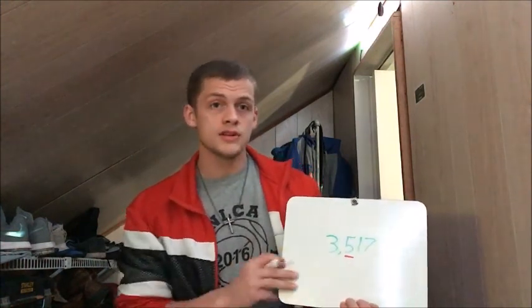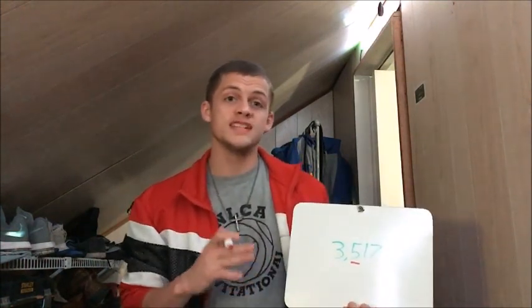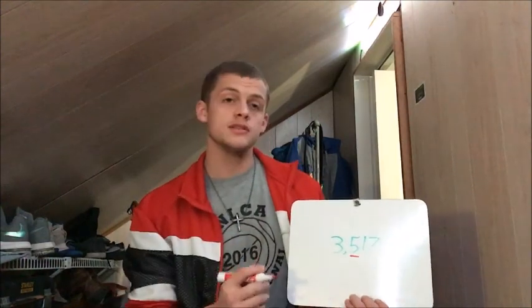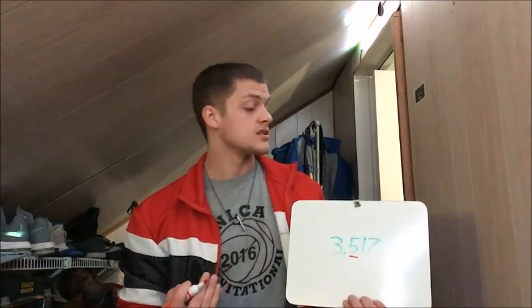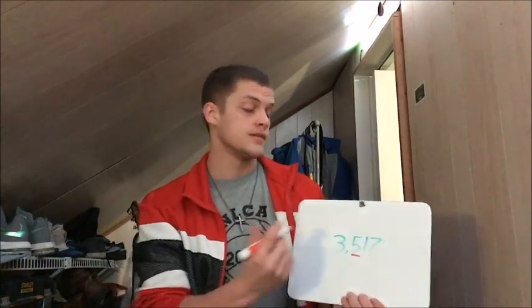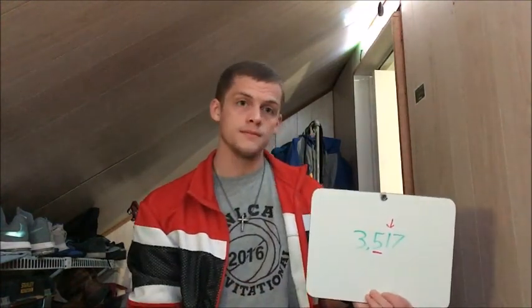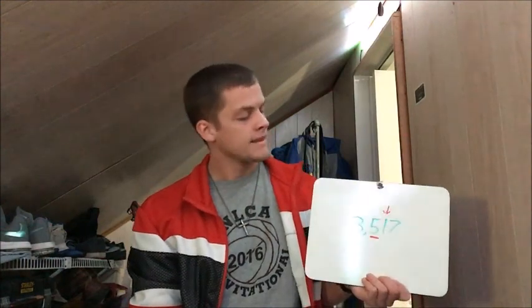So then what you're going to do is you're going to look for what's called your determining digit. Your determining digit is the digit that's exactly to the right of the number you're rounding to. So in this case, it would be the 1. Okay?